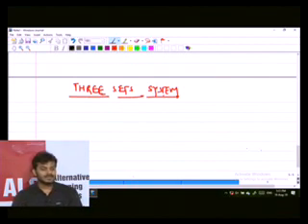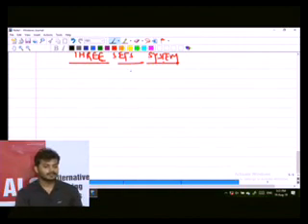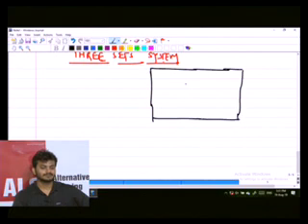Three set system, again very easy. There is no definition for now, let me write. This is, suppose, the universal set.